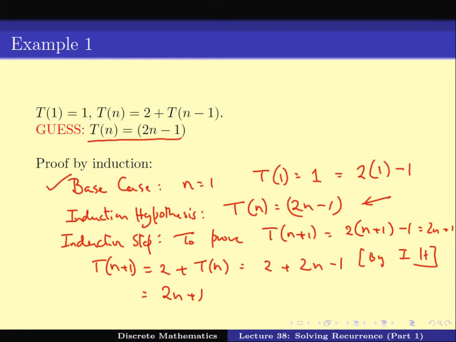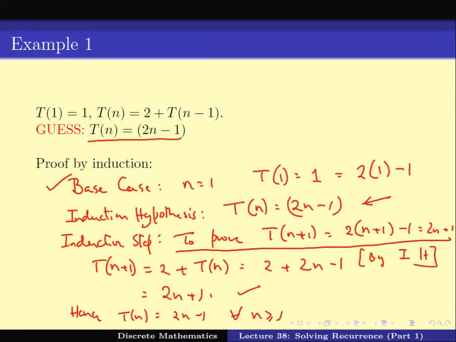And that is what we had to prove. Hence, we have proved the inductive step. That means tn equals 2n minus 1 for all n greater than or equal to 1. So this is the proof by induction once we have the guess right.